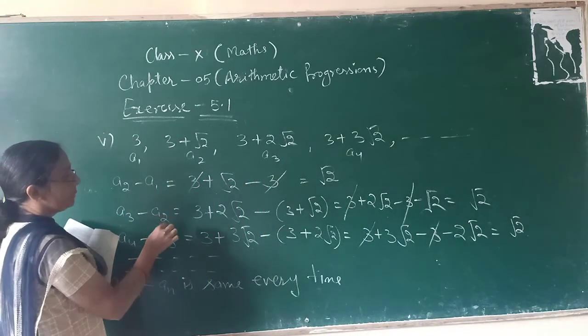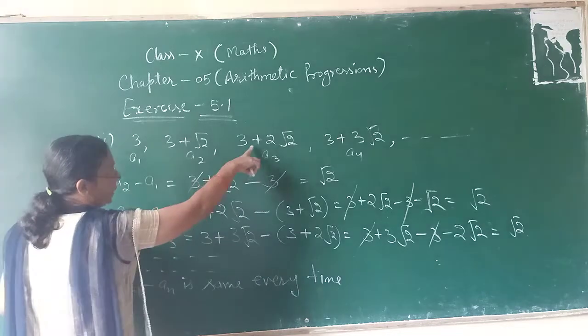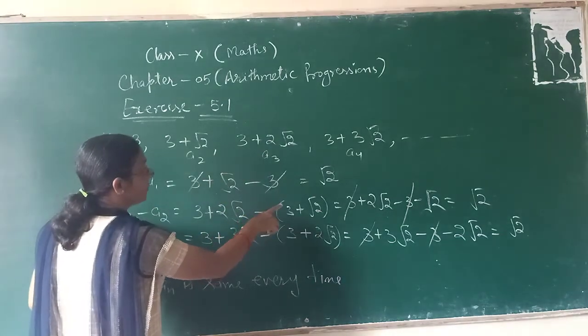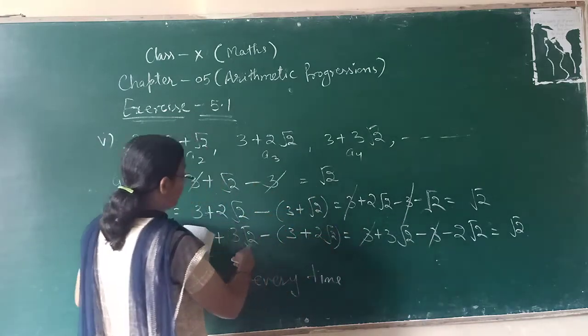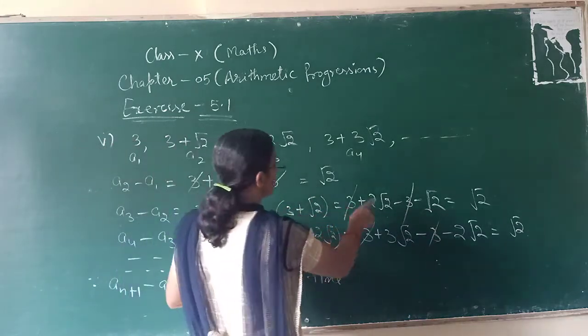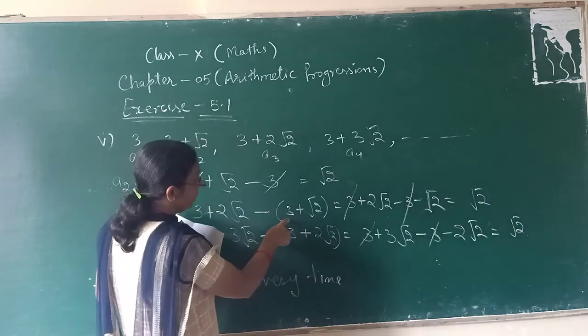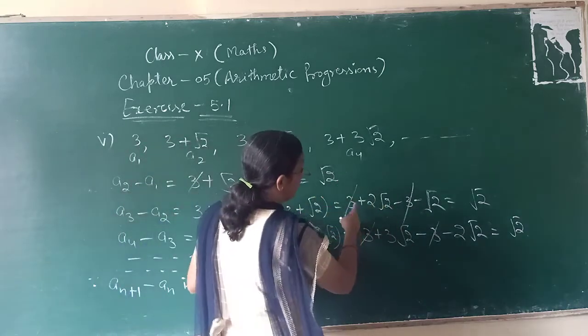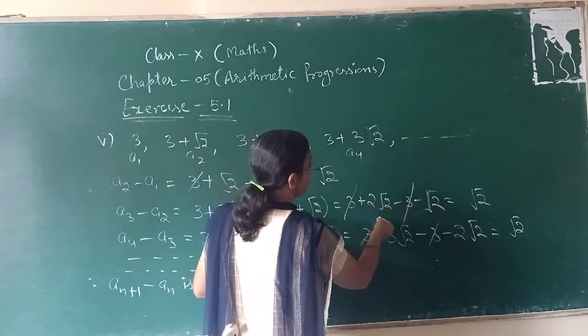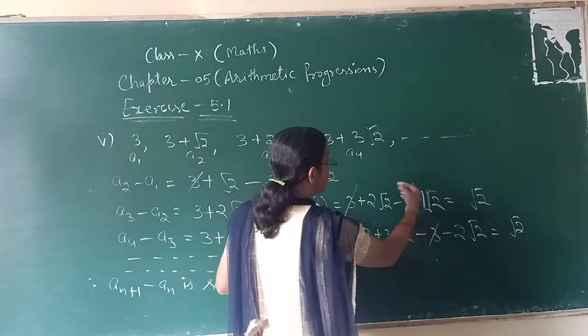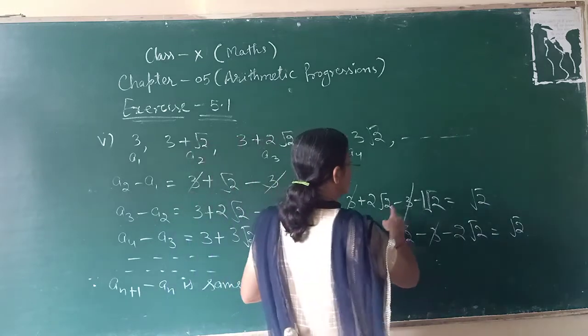Here a3 is 3 plus 2 root 2 minus, then please write in bracket 3 plus root 2. Then open the bracket: 3 plus 2 root 2, minus 3 minus root 2. Then 3 cancels. Now we subtract the coefficient of root 2: it is 2, it is 1, that is 2 minus 1, so 1 root 2 will come.